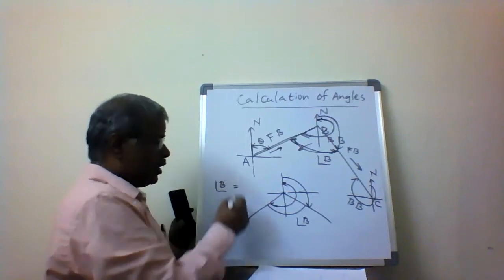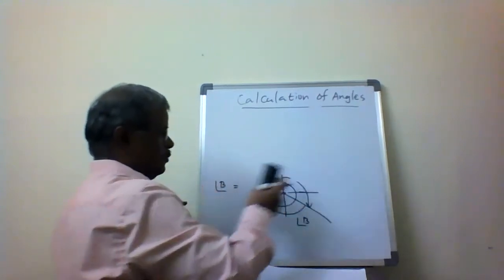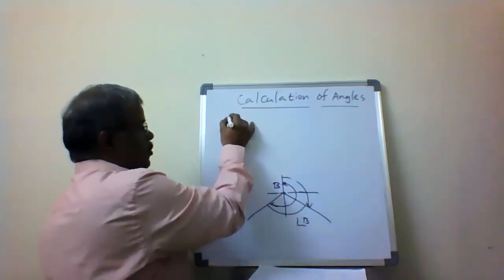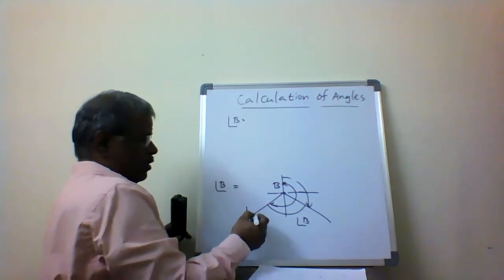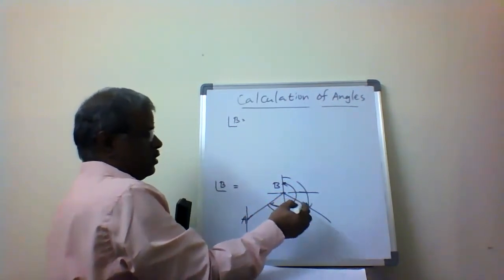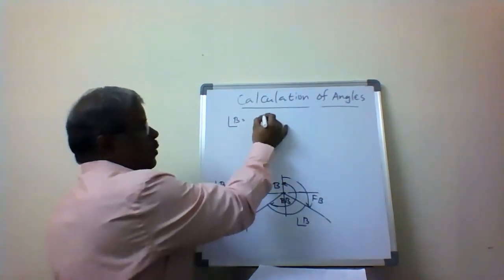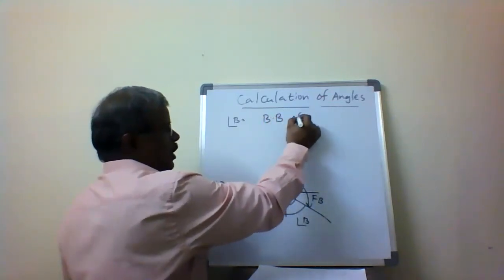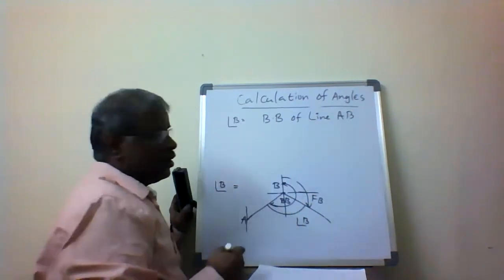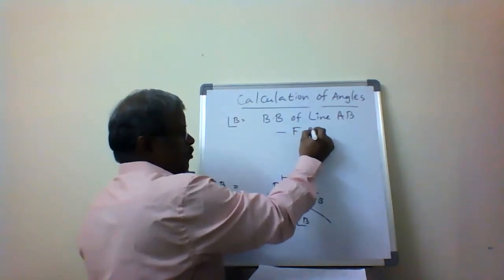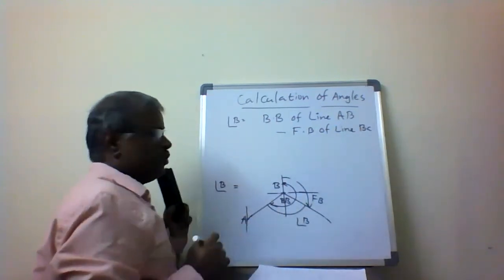So angle B equals the backward bearing of line AB minus the forward bearing of line BC.